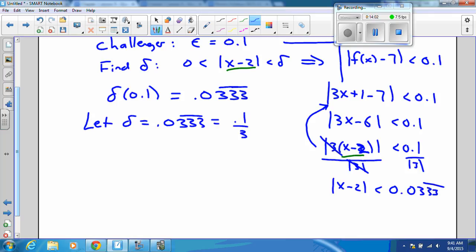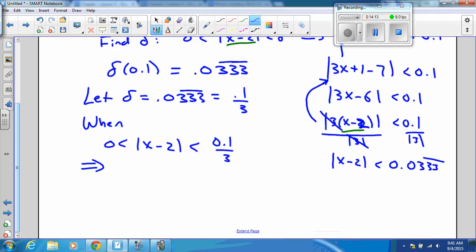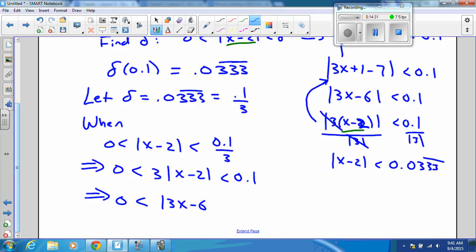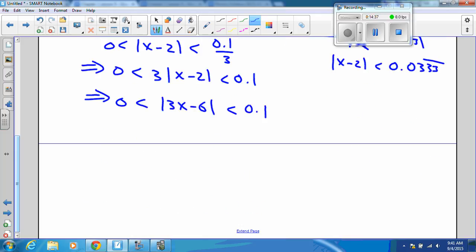Let delta equal 0.033 repeating, which is equal to 0.1 over 3. And so when 0 is less than the absolute value of x minus 2, which is less than 0.1 over 3, then 3 times the absolute value of x minus 2 is less than 0.1, and now 3 times the absolute value of x minus 2 is the absolute value of 3x minus 6.